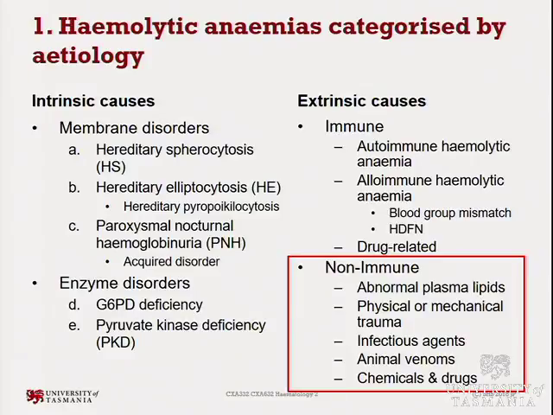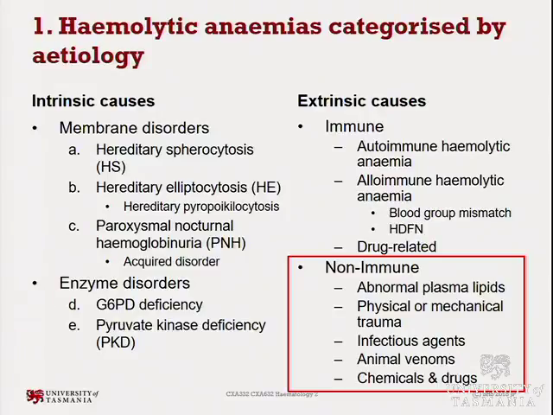We can also have drug-related immune hemolytic anemias where 4 different mechanisms are responsible, and somehow there is an interaction between the drug, the immune system and erythrocytes, which results in the lysis of the red cells. And usually with these drug-related hemolytic anemias, once you withdraw the drug, the anemia clears up, as you would expect.